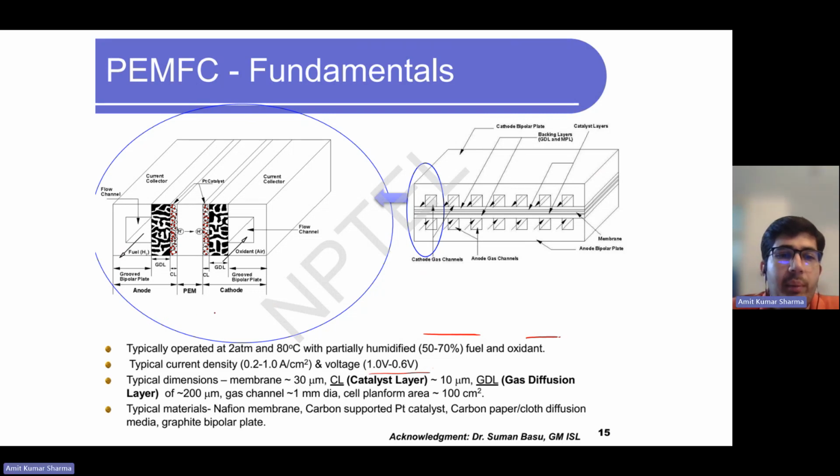Typical dimensions: membrane 30 micrometer, catalyst layer 10 micrometer, gas diffusion layer 200 micrometer, gas channel 1 mm diameter, and cell planar area 100 centimeter square. Typical materials: Nafion membrane, carbon supported platinum catalyst, carbon paper or cloth diffusion media, and graphite bipolar plate. So these are some conditions for PMFC.